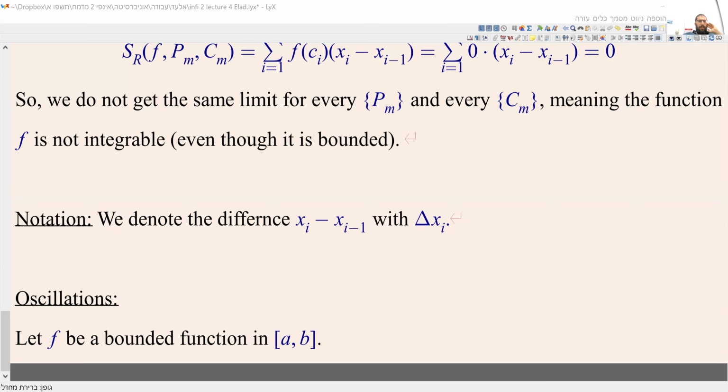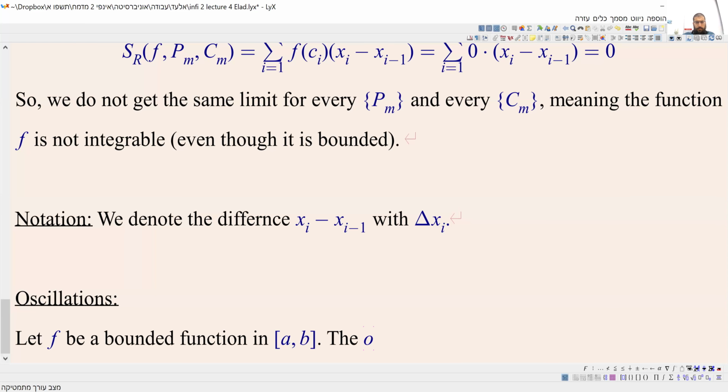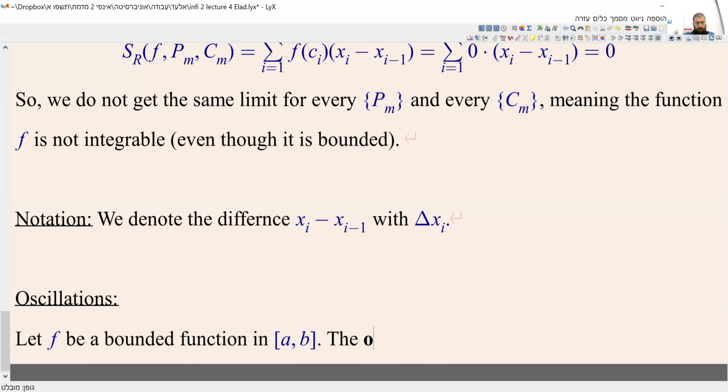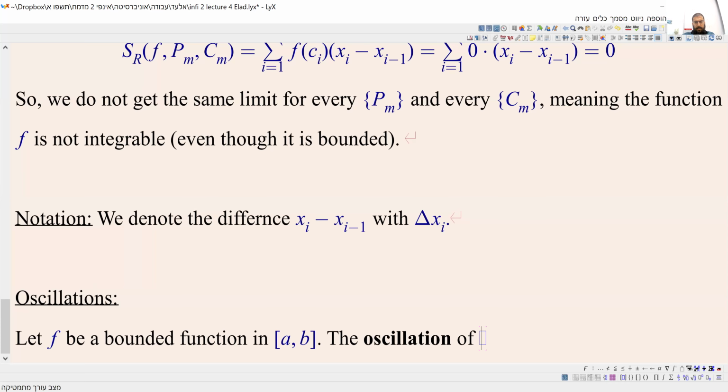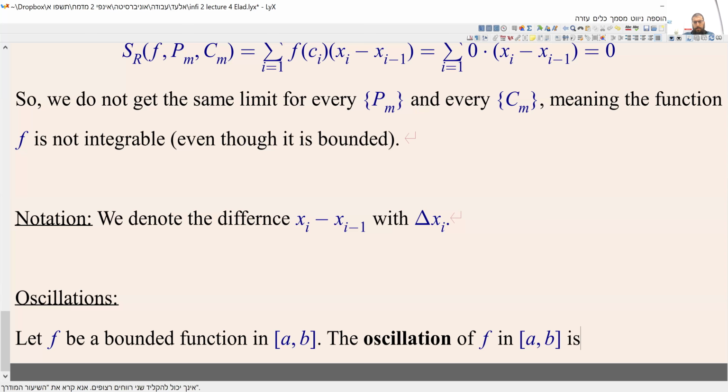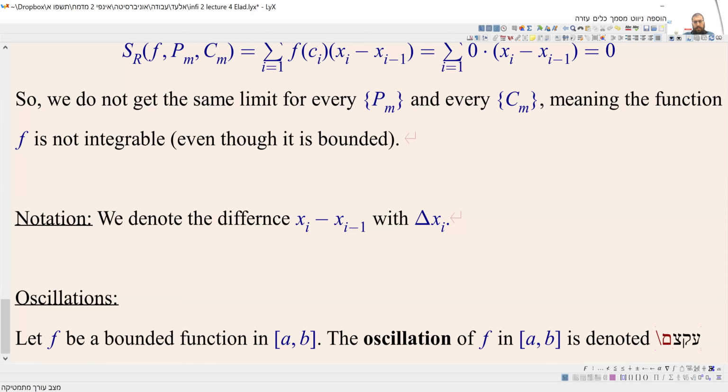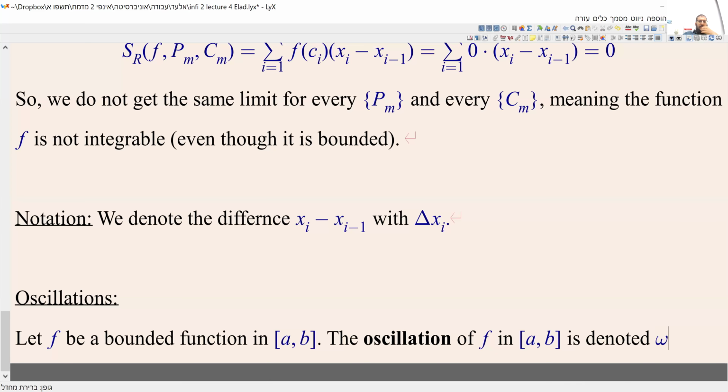Let f be a function in AB. The oscillation of f in AB is denoted with the letter omega, little omega, which is a W that stayed too long in the sun, or little b, I don't know how you think about omega.